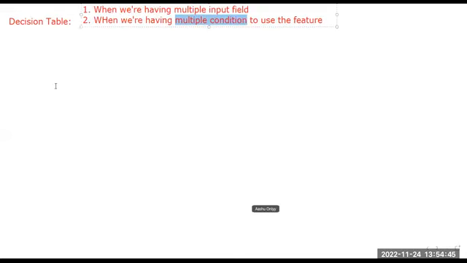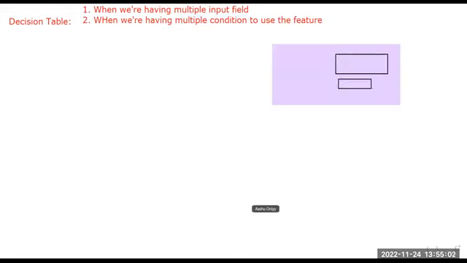Let me give a simple example first, and then I will give more examples. I hope everyone knows the login functionality. How many fields do we have for login? Ideally, username, password, and then a login button, correct?